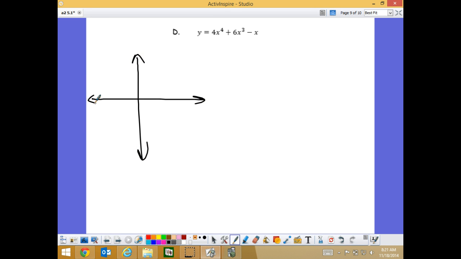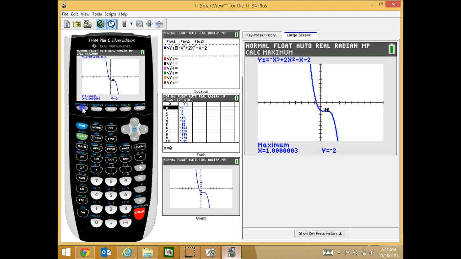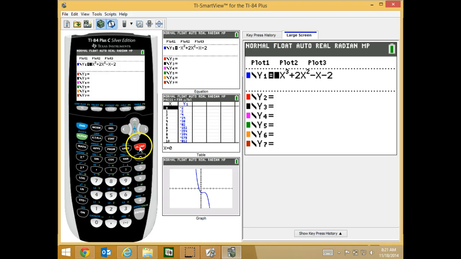So we have 4x to the 4th plus 6x cubed minus x. So back to our calculator. Clear out the equation we have in y equals.